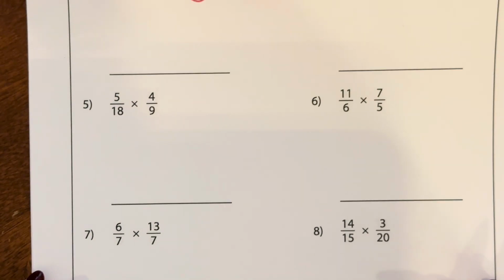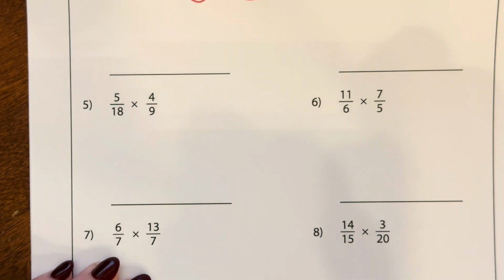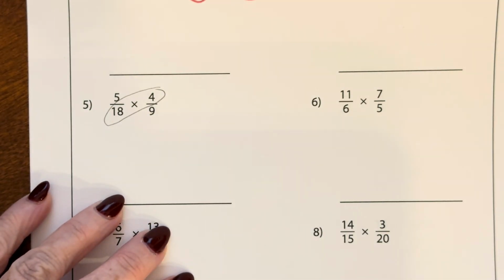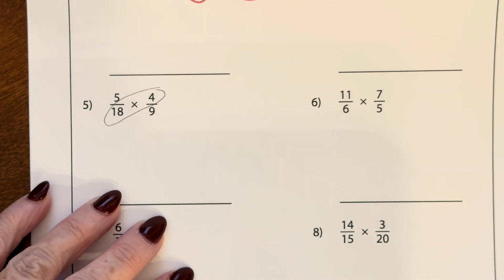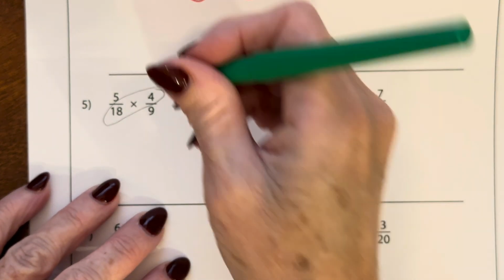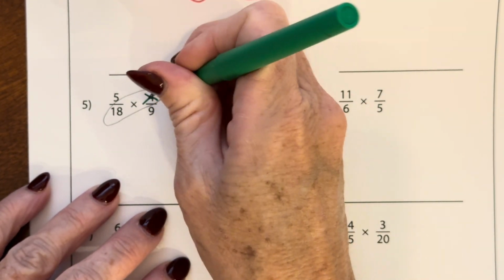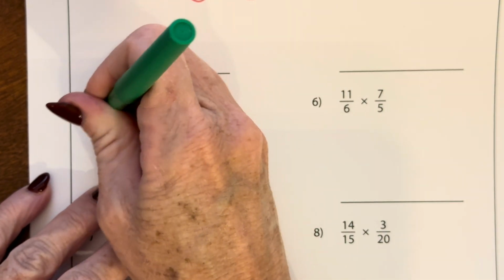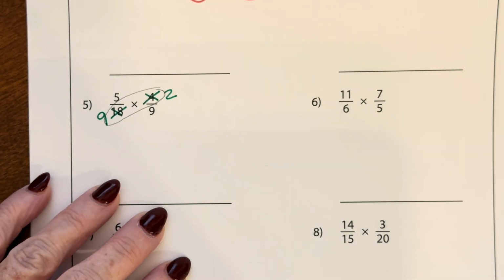Okay, let's do some together. So for this one, let's look at 4 and 18. They're both even, so I know 2 is definitely a factor, but is maybe 4 a factor? No. So 2 is my greatest common factor. So 2 times 2 is 4, and 2 times 9 is 18.